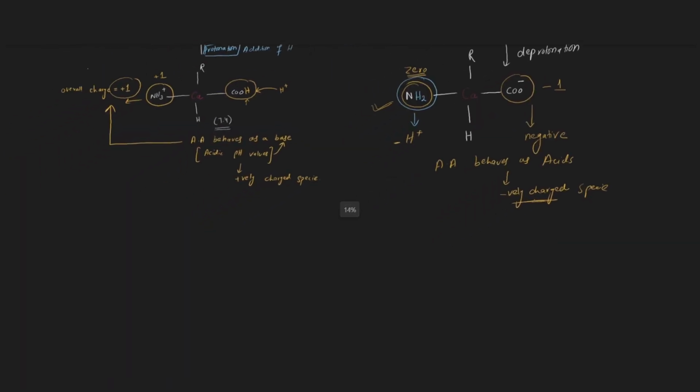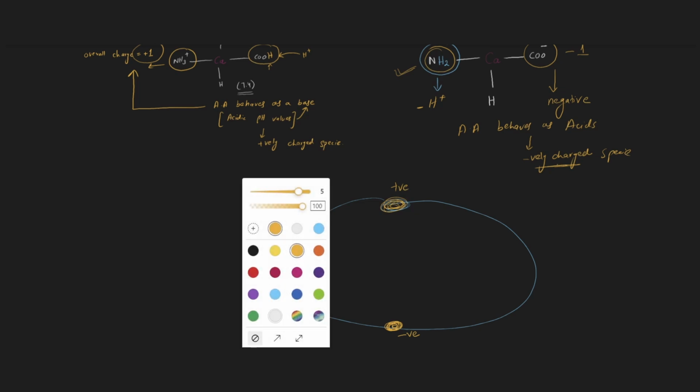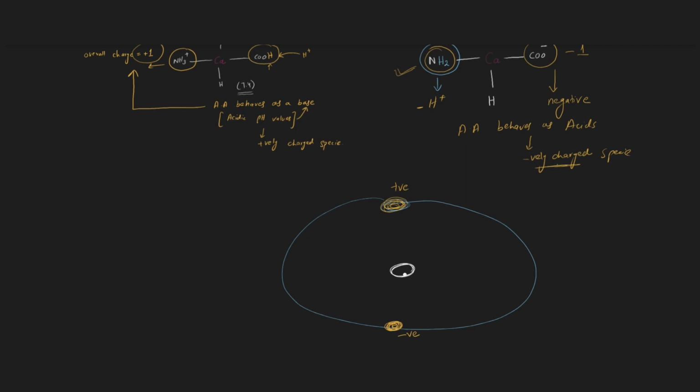Now, a very simple rule: if you have an electric field here, and you know that there is a positive pole and there is a negative pole, and here is your amino acid, and I'm talking about the state when the amino acid has an overall positive charge on it.